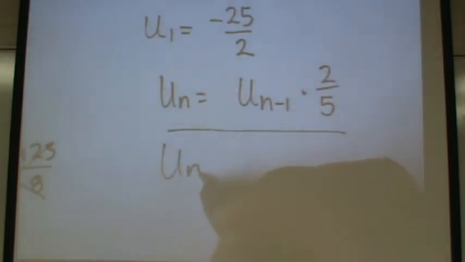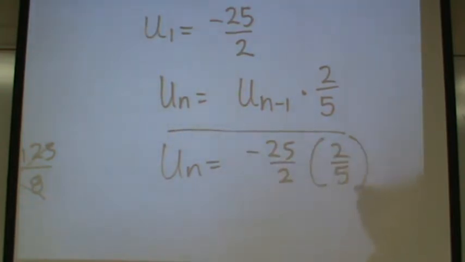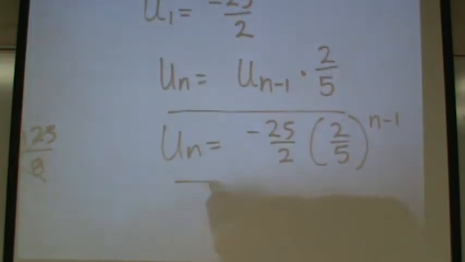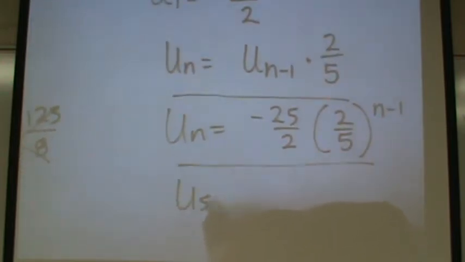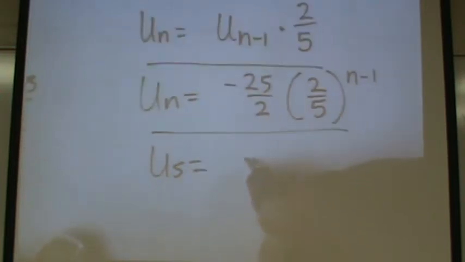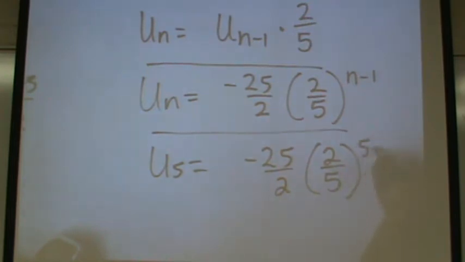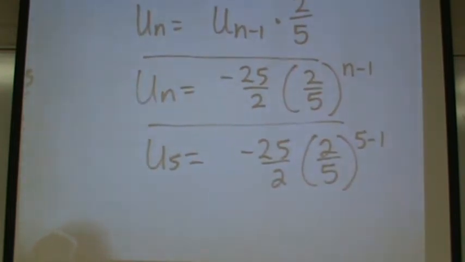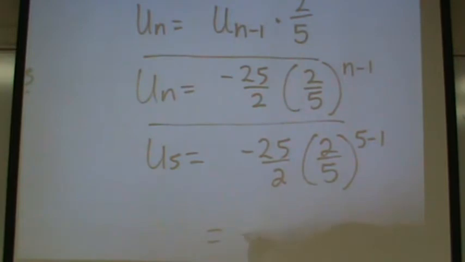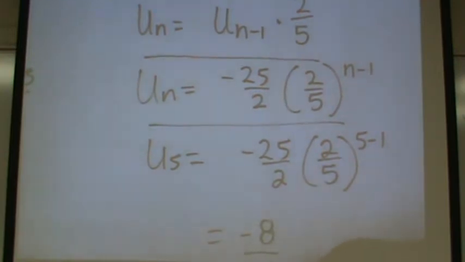And to find any other term, you take the first term, negative 25 halves, and multiply it by the r value to the n minus 1. So if you're finding the fifth term, we have negative 25 over 2 times 2/5 to the 5 minus 1 power. And that answer should come out to be negative 8/125.